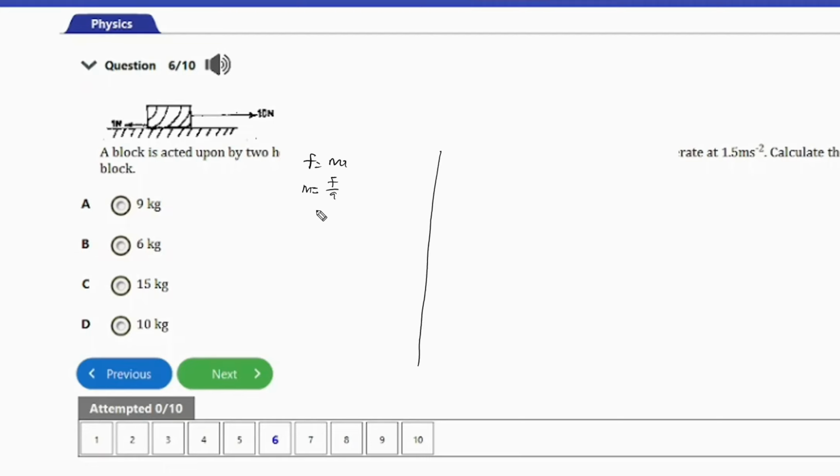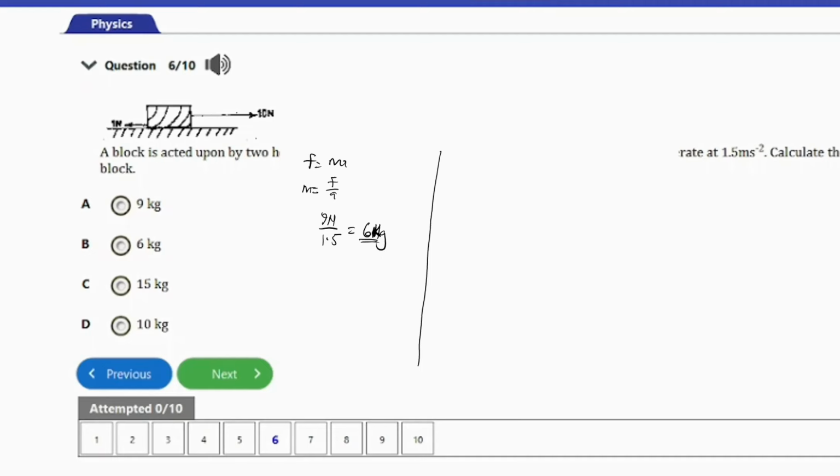So the net force here is 10 newtons minus 1 newton, which is 9 newtons, over the acceleration, which is 1.5. So guys, 9 over 1.5 will be 6 kilogram. So option B is the answer to this question.